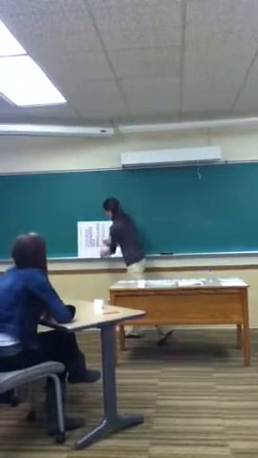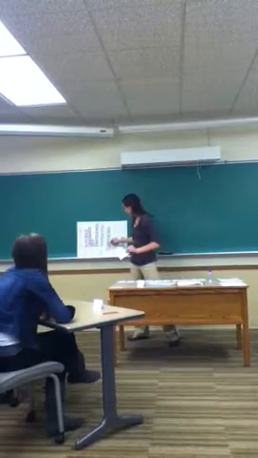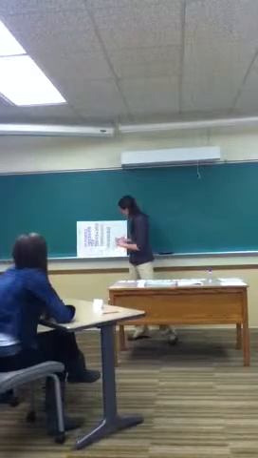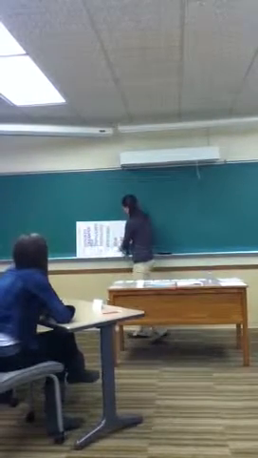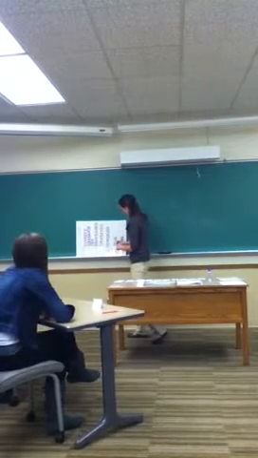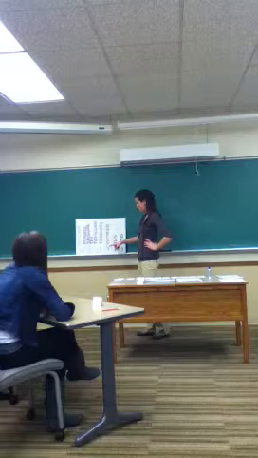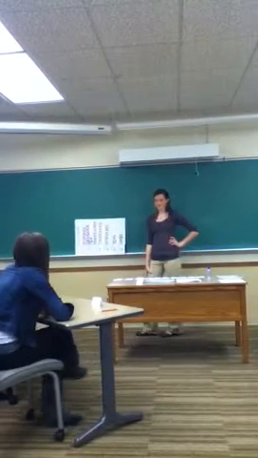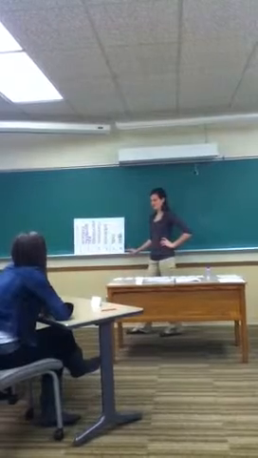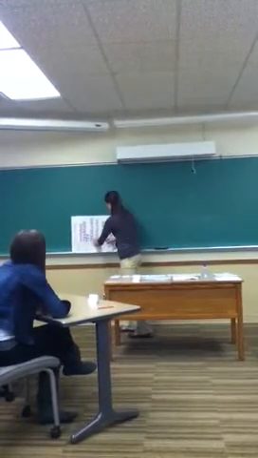So if I use the number 7,329, we can see that each digit has a place value. So we have 7 thousands, 3 hundreds, 2 tens, and 9 ones. You guys have any questions about that? Okay. So we'll do another example.